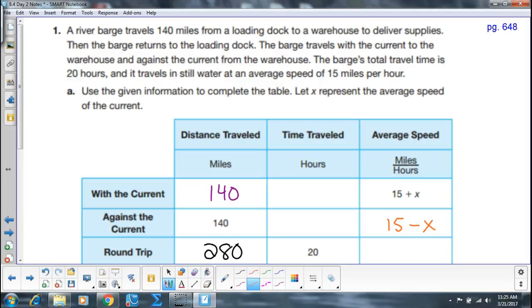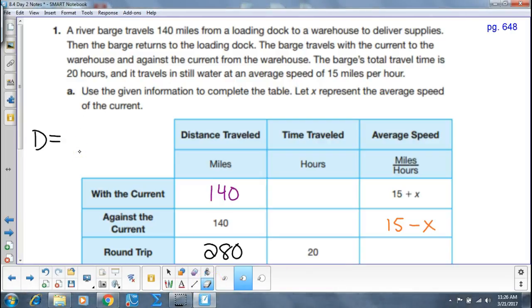Okay. Now, have you ever heard of distance equals rate times time? You ever heard that one before? Okay. So if I've got a distance and I've got a rate, I can figure out how much time I traveled, correct?